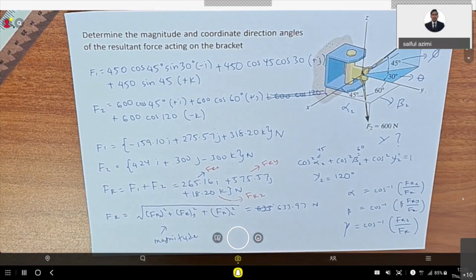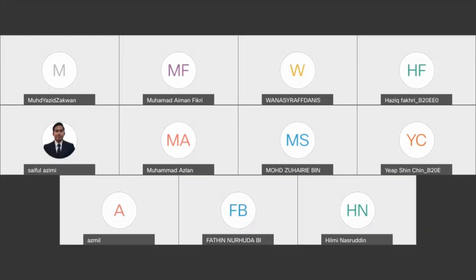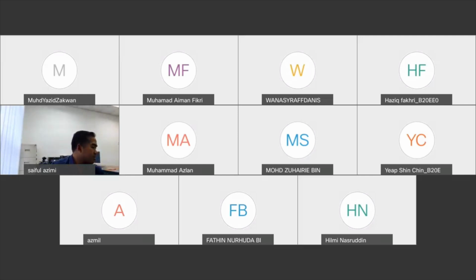Okay, so if you don't have any questions, I think that's all for today's class. Next week we will continue with the next lesson. The next lesson is all about finding directions and some of the elements which are still related to forces.